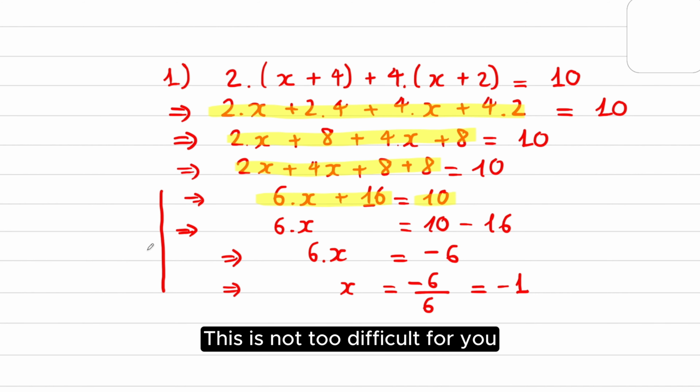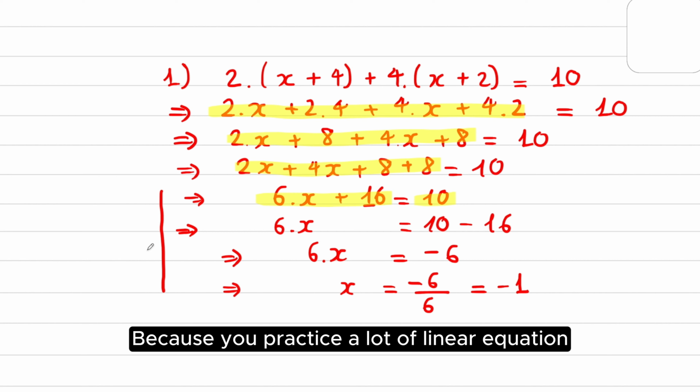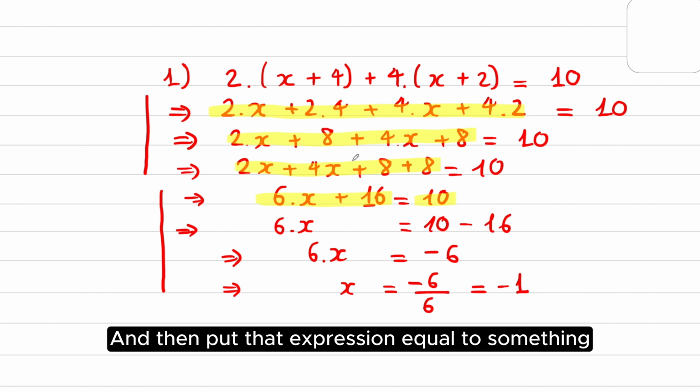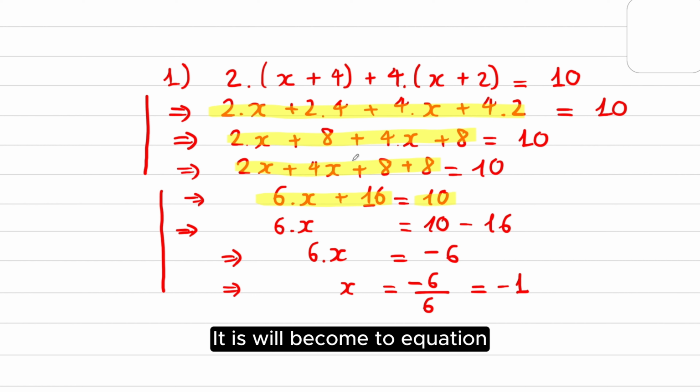This is not too difficult for you because you practiced a lot of linear equations, but we just have a little problem about this step. This step is to simplify the expression and then put that expression equal to something, and it becomes an equation. Then you solve that equation totally.